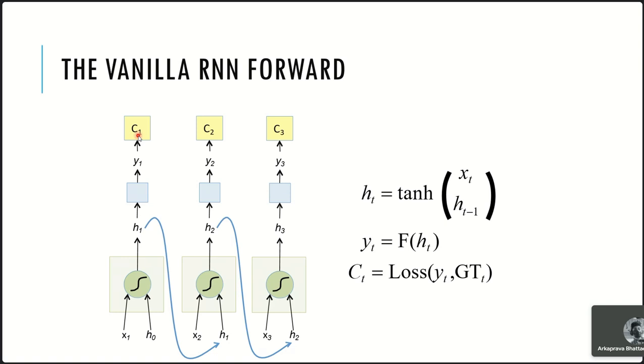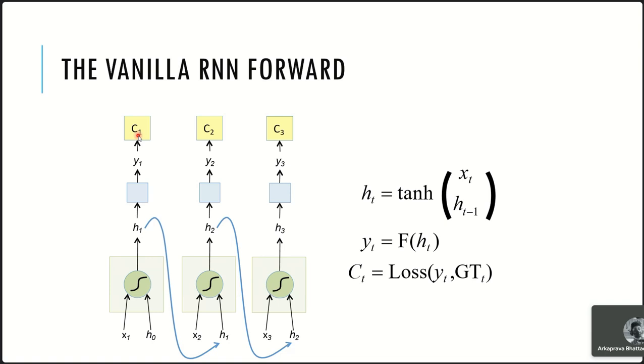That is, the generated y1 should match the target output. If they don't match each other, that indicates a loss, which is given by C1. So here, C1, C2, C3 are nothing but the loss functions associated with each RNN unit.